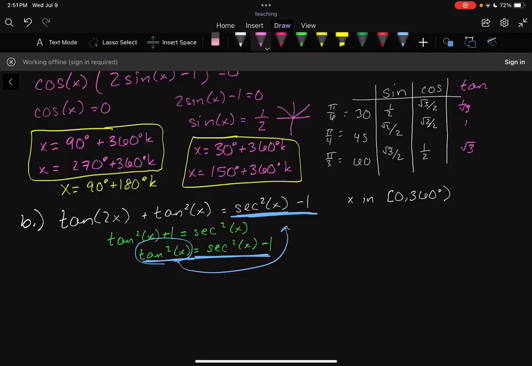So I'm going to do that now. So I have tangent 2x plus tangent squared x is equal to, and now over here I'll have tangent squared x. So that's nice because it at least gets me all with tangent, which is cool.